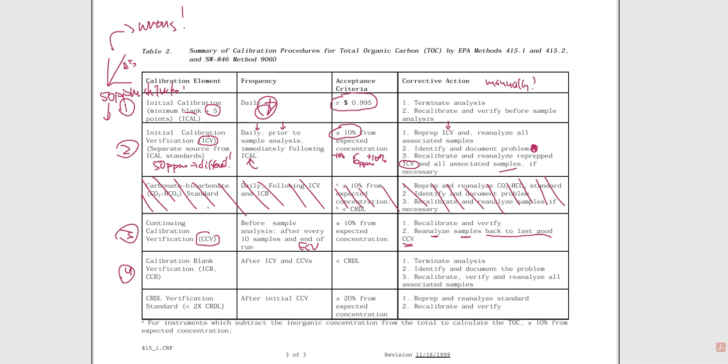Calibration blank verification. So a calibration blank verification says this should be run after the ICV and the CCVs. Notice it says it should be less than the CRDL. Oh no, I forgot what that stood for. Contract Required Detection Limits. Notice in the table from up above in another video, you saw it too.